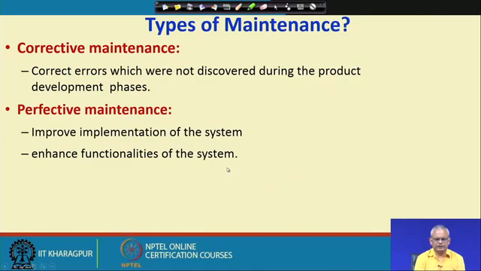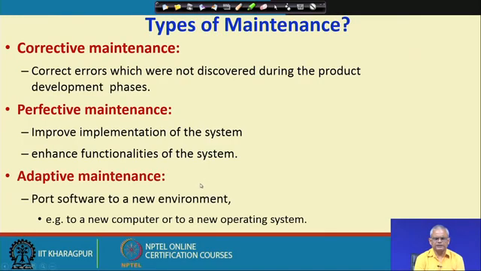It may be necessary to enhance the functionalities, that is add new functionalities which were not visualized earlier, or improve the implementation in some way. Maybe the response time is not satisfactory, try to improve the response time and so on. That is called perfective maintenance.